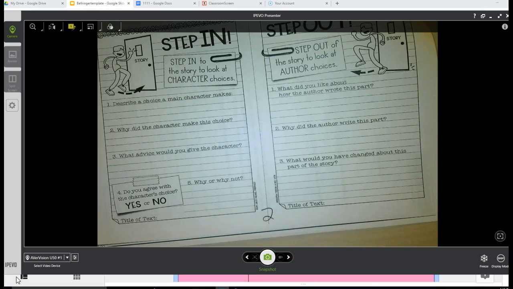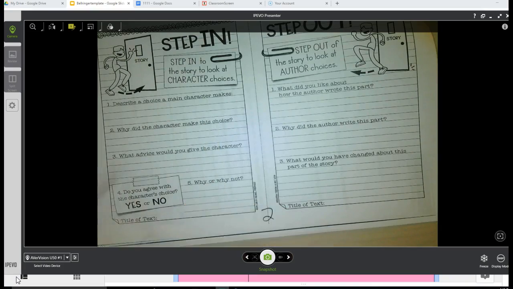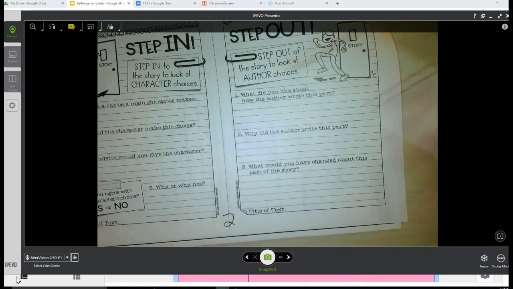Whatever number you have on your paper, that's the scene that you're going to be picking a character choice from. Then you're also going to use that same scene to do the Step Out, where you're looking at the author's choices. What do you like about how he wrote that scene? Why did the author write this part? Why did he do it this way? And what would you have changed about this part of the story?